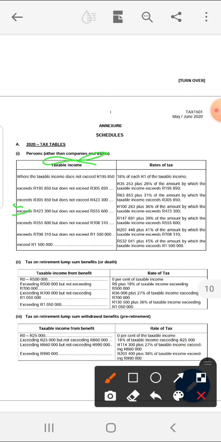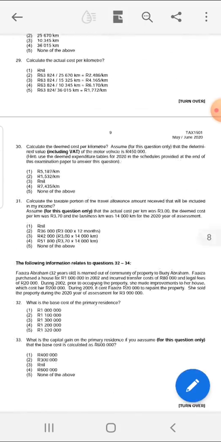So we're going to say his normal tax will be 263,000 plus 36% of the amount by which the taxable income exceeds 423,300. So let me show you how I'm going to do it.